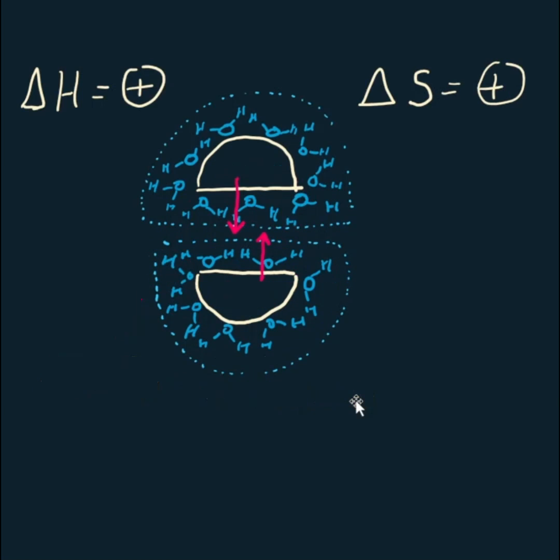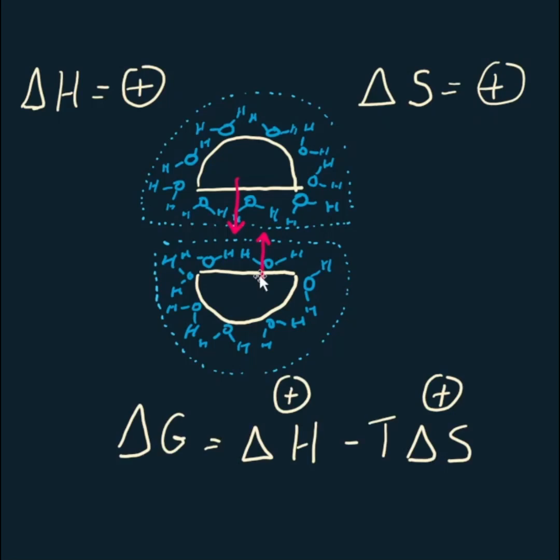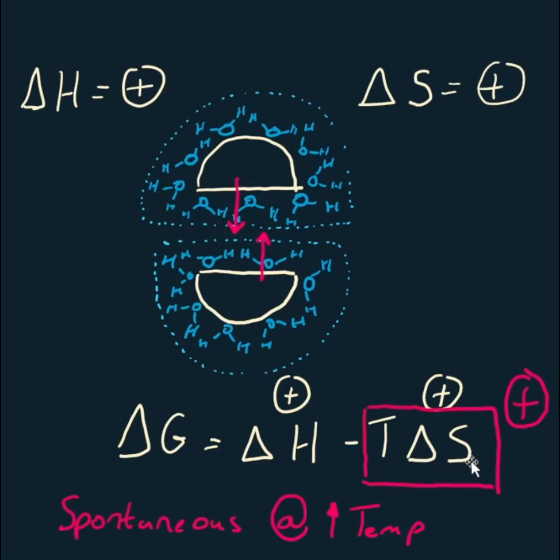So overall, as a summary, delta H is positive and delta S is positive whenever these two hydrophobic groups are coming together. And that creates one of the four scenarios that we discussed earlier. So if delta H is positive and delta S is positive, well, that's only going to be spontaneous whenever we're at high temperatures, right? Because we want to overcome this positive delta H value.